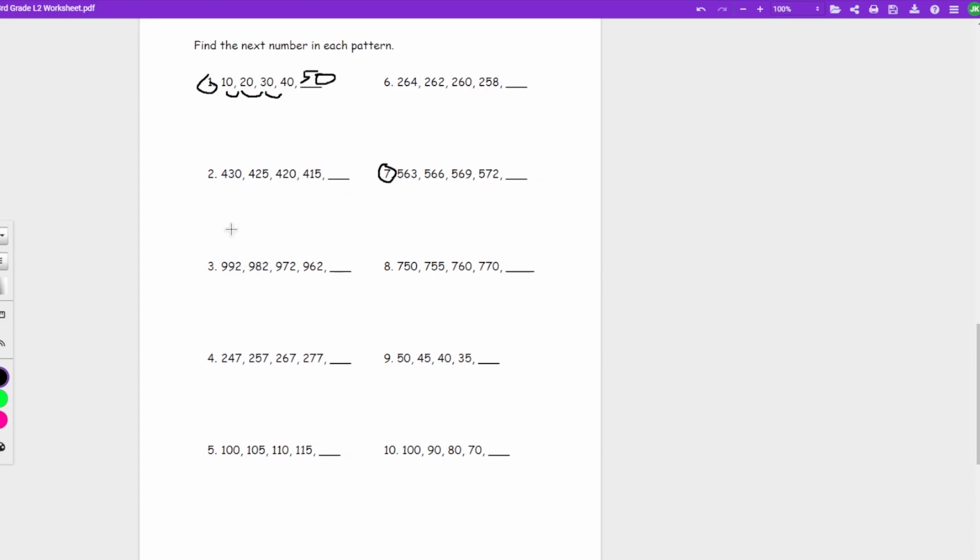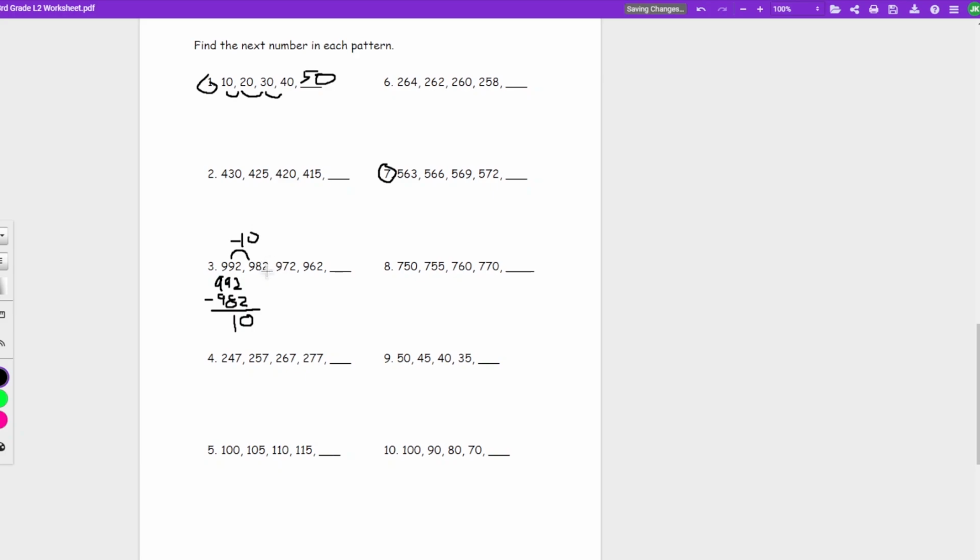So I'm going to subtract them. 992 minus 982. 2 minus 2 is 0. 9 minus 8 is 1. 9 minus 9 is 0. So actually, I'm just going to write nothing because it's 0. So 10. We can see that when it goes from this number to this number, we're subtracting 10.